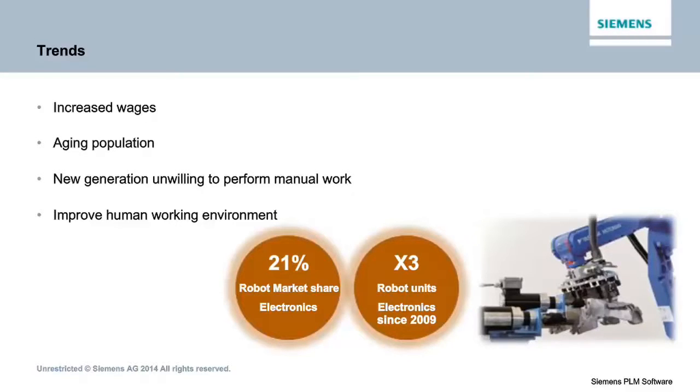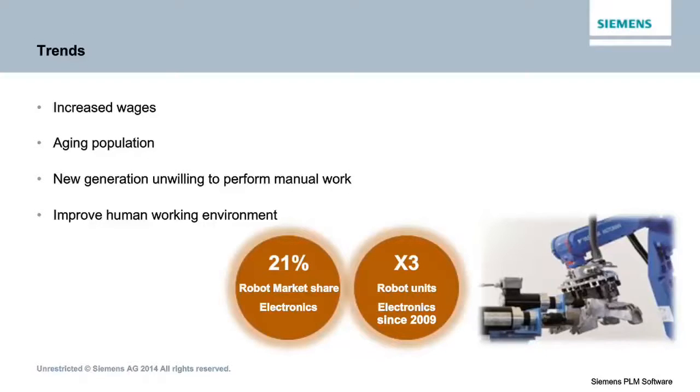And today, they consume about 21% of the total robot market share. And this is actually part of the trend to automate industry and to improve human working environment and to replace human workers with robots, which have become much more cost-effective than in the past.